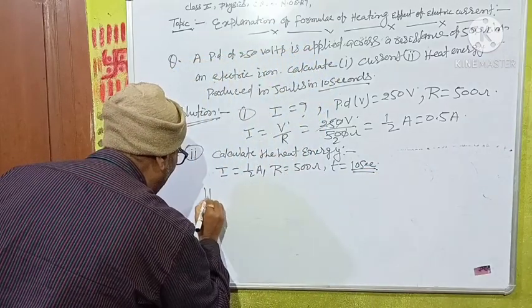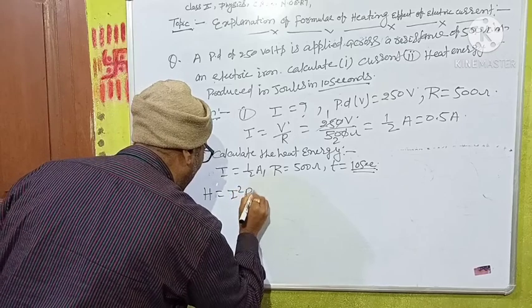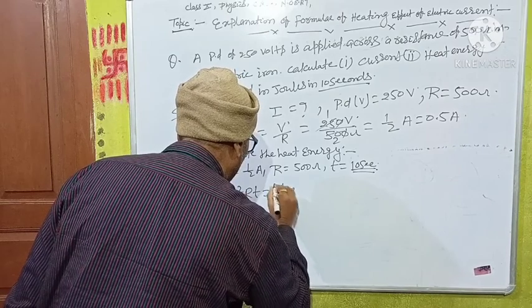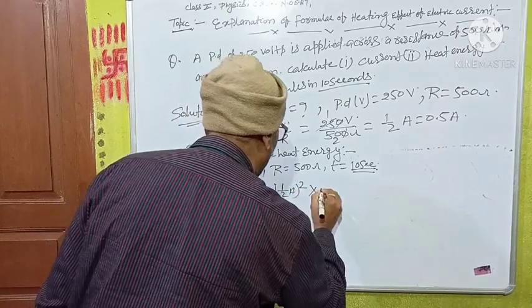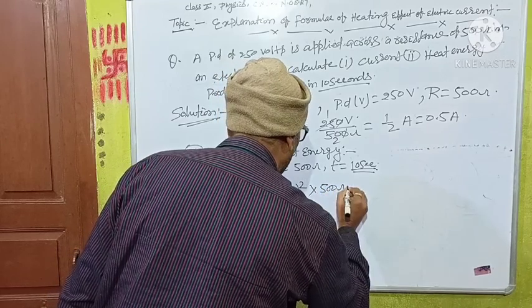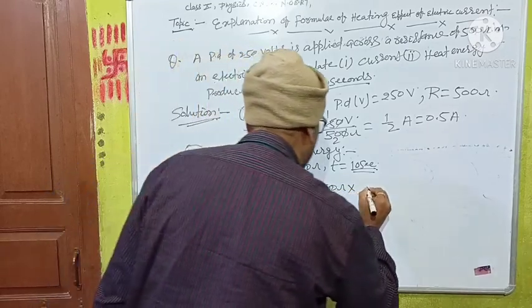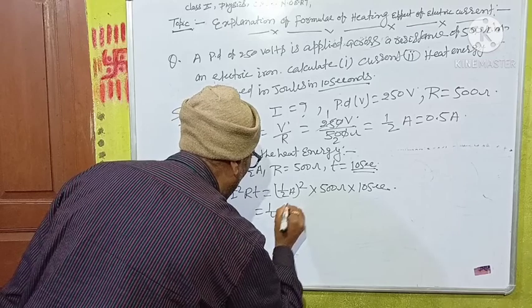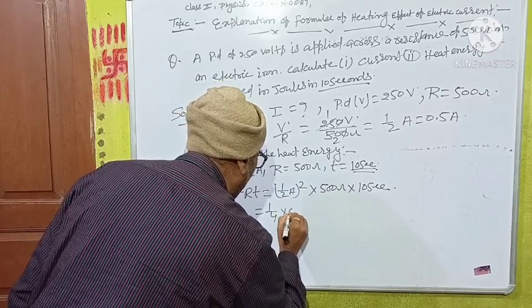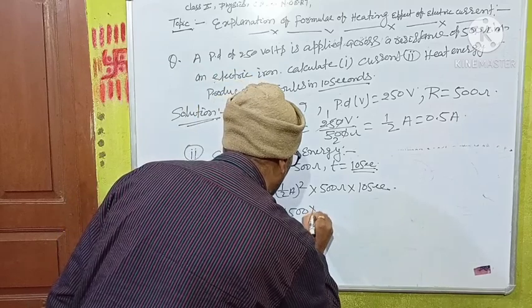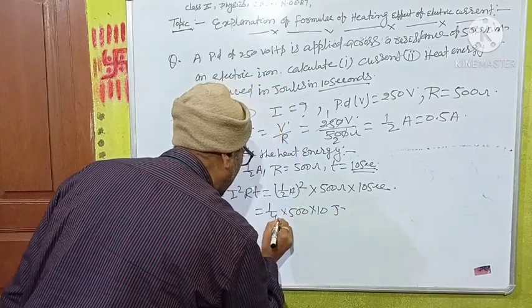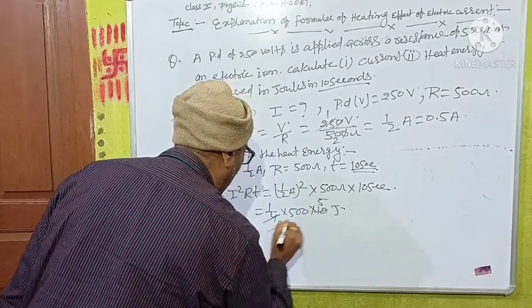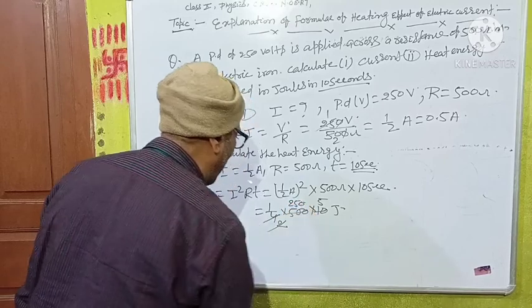Then H is equal to I squared RT. I is 1 by 2 ampere squared into R, 500 ohm, into T, 10 seconds. Then we get 1 by 4 into 500 into 10 joule.